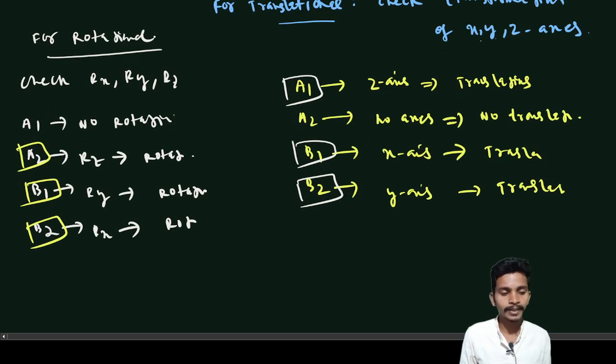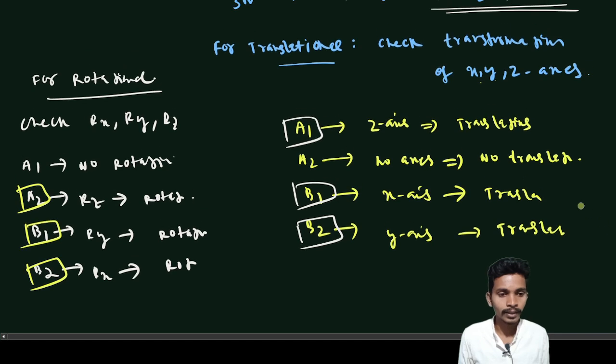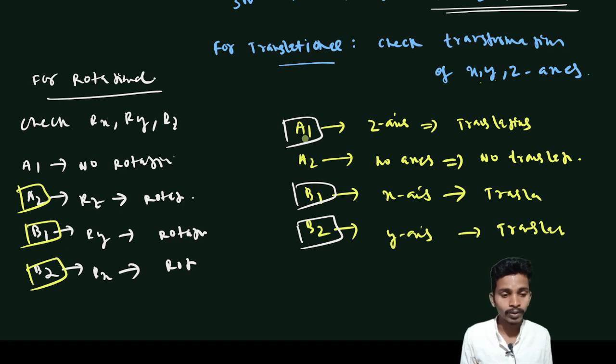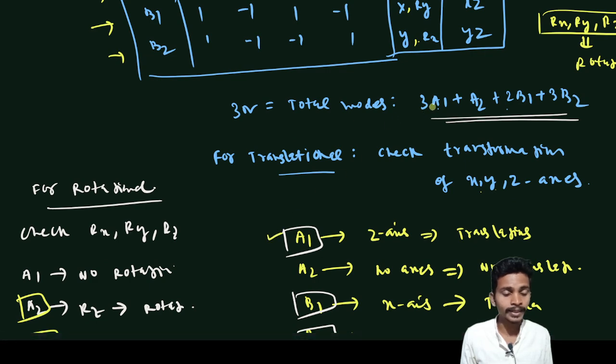So we should remember one thing. Whenever we are calculating for modes, here 3A1 is there. But whenever we are calculating for rotational or translational modes, if A1 is there, let's say for A1 the z-axis is there, then we consider only A1, we will not write 3A1.